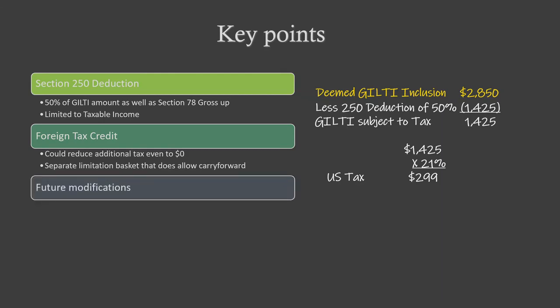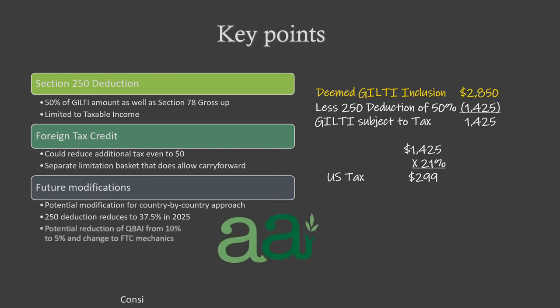Future modifications to the GILTI include, one, a potential modification for a country by country approach. That's what's being discussed currently in the House at the end of 2021. What was passed in legislation and initial enactment was the Section 250 deduction of 50% being reduced to 37.5% starting in 2025.